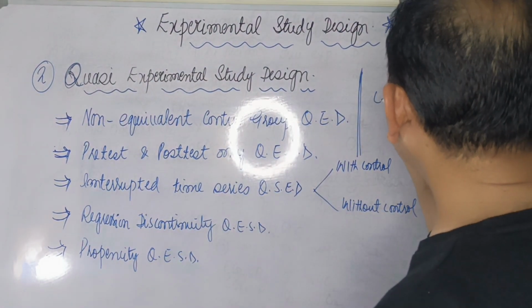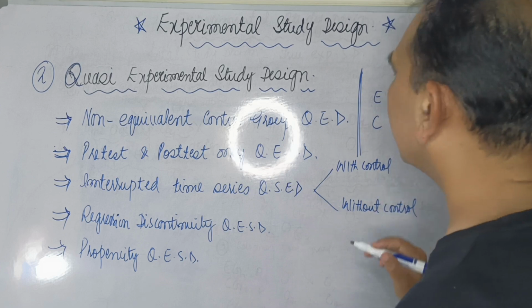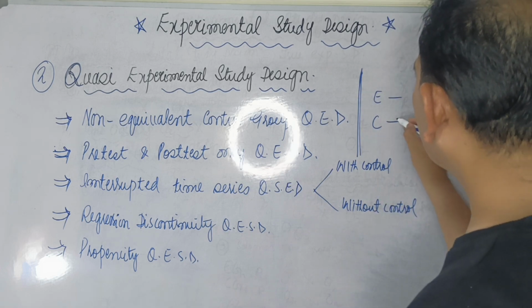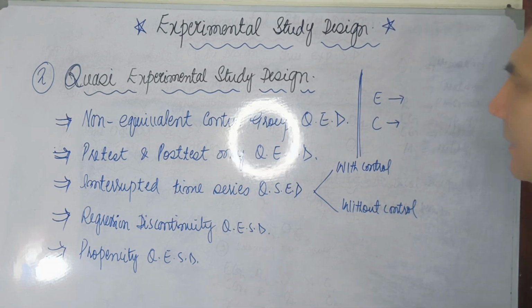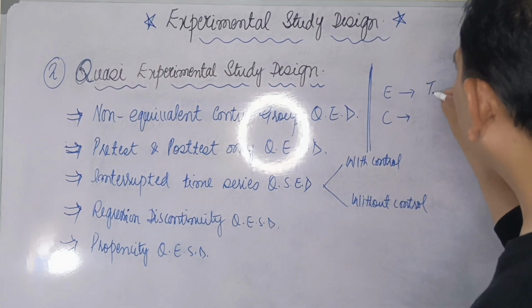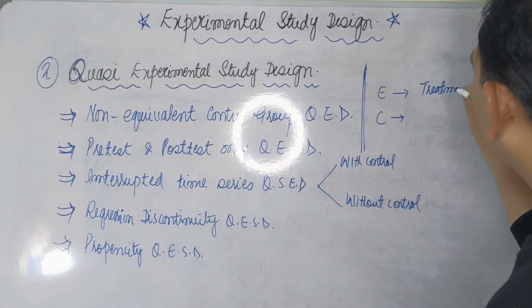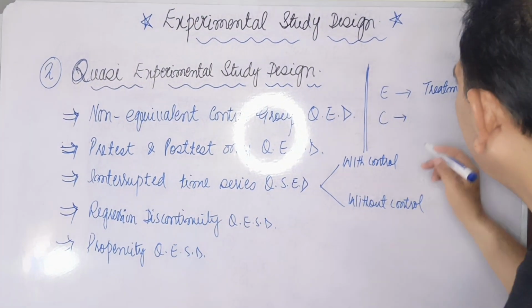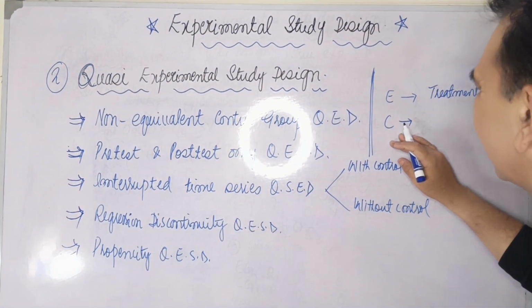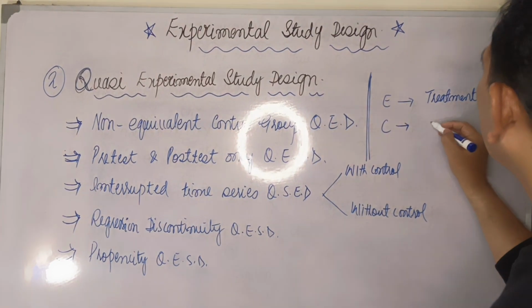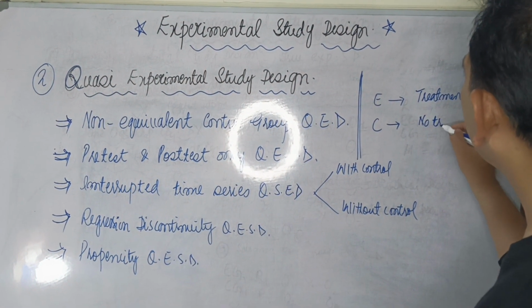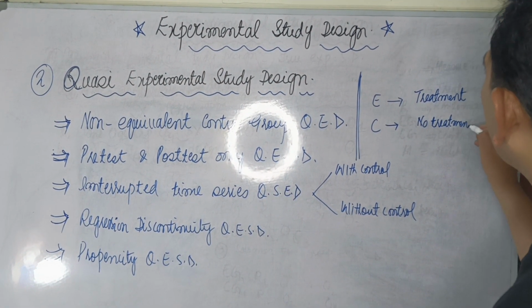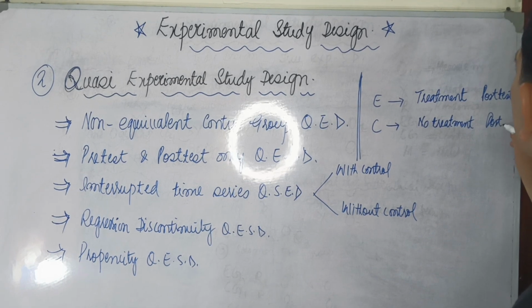The second is the experiment group and the control group. The experiment group is given the treatment and then the post-test is conducted. The control group is given no treatment, and the post-test is conducted.